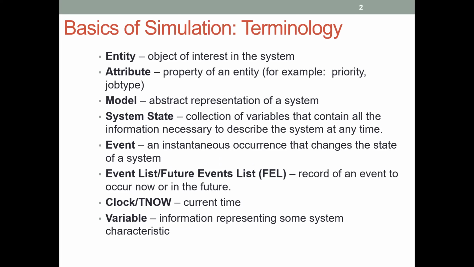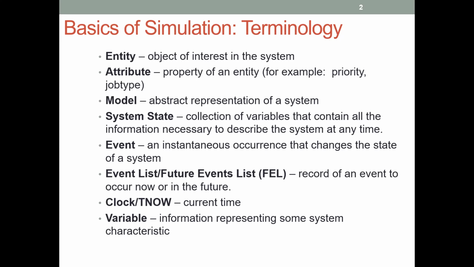So some of the slides for today are going to be similar to what we saw last time, so I'm not going to go over those one more time. But remember, this terminology is important. Make sure that you understand what an attribute is and the difference between an attribute and a variable, because today we're going to be looking at attributes, then next time we're going to talk about variables. So just remember that an attribute is a property of an entity that's not changing, right?